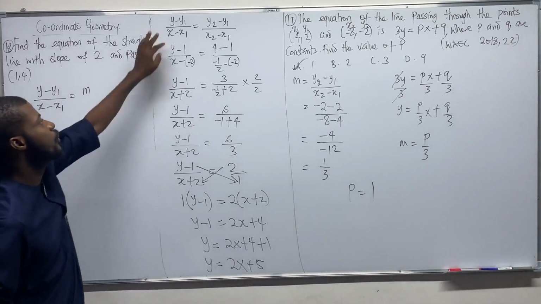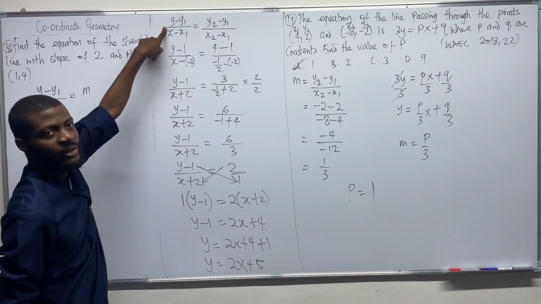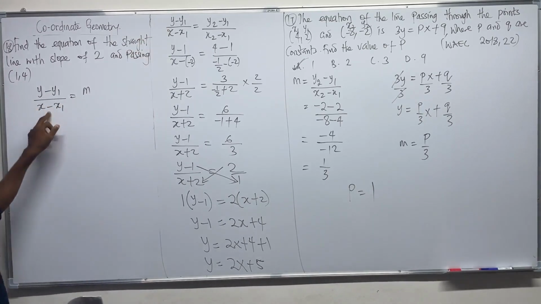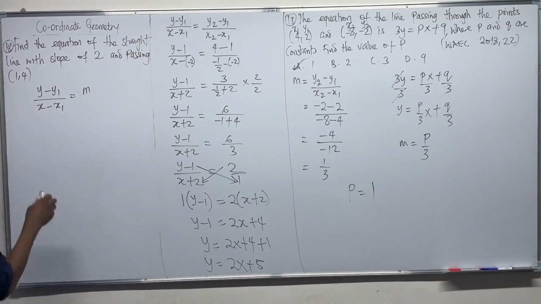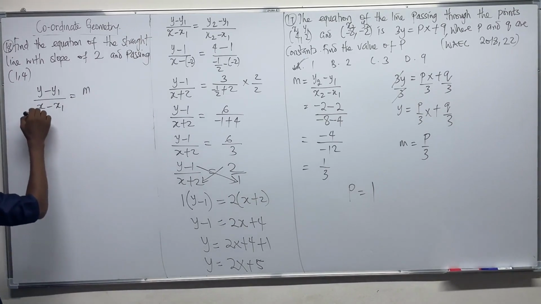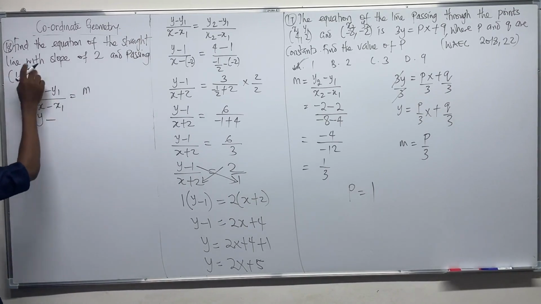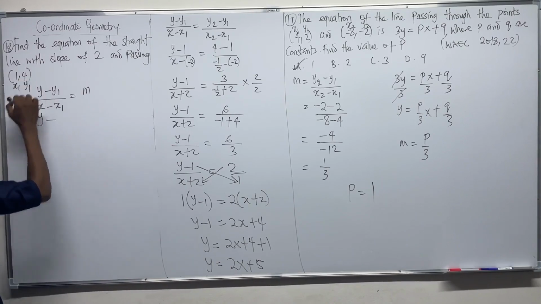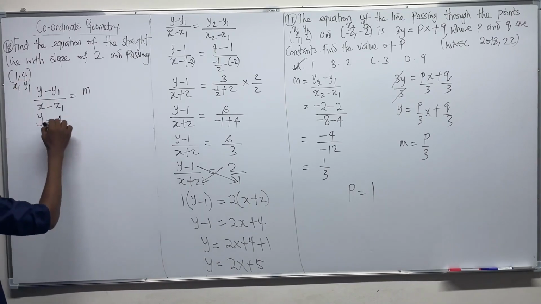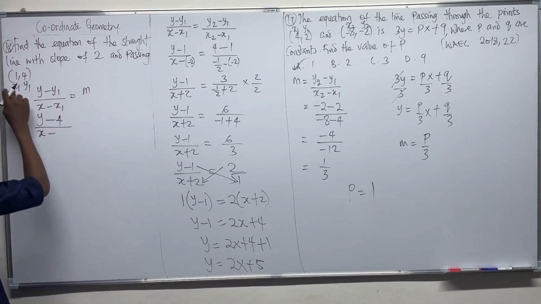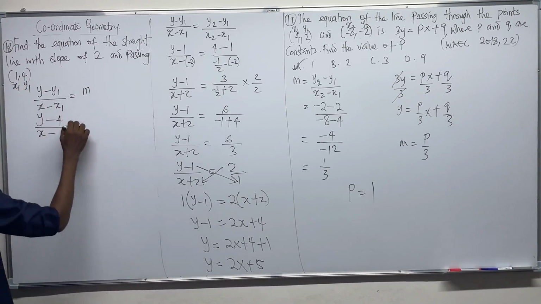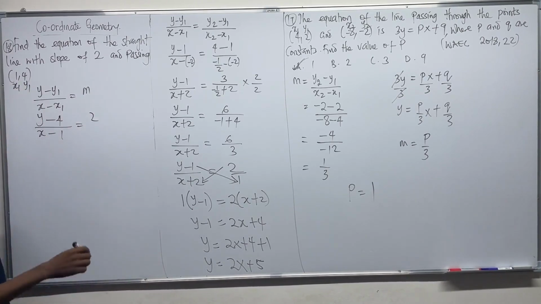I said you use this one here if you don't have the gradient, then use this one if you have your gradient. So this is y minus, what is y1? Remember that this is a point, so this is x1, y1. So y1 is 4, divided by x minus, what is x1? x1 is 1. And this will be equal to what? 2. Now, can I say 2 over 1? Yes.